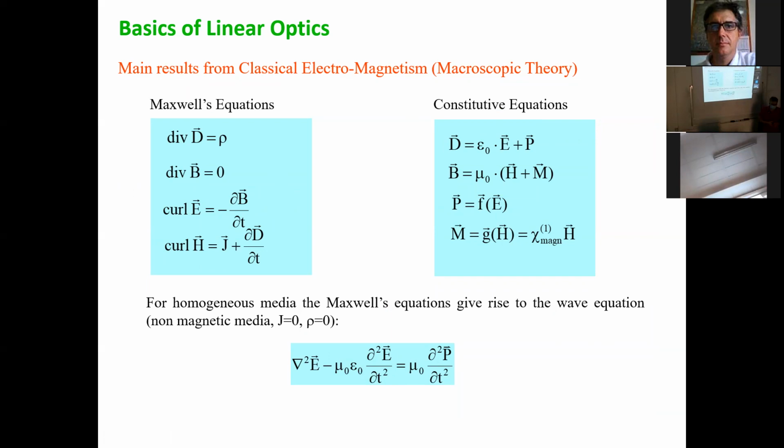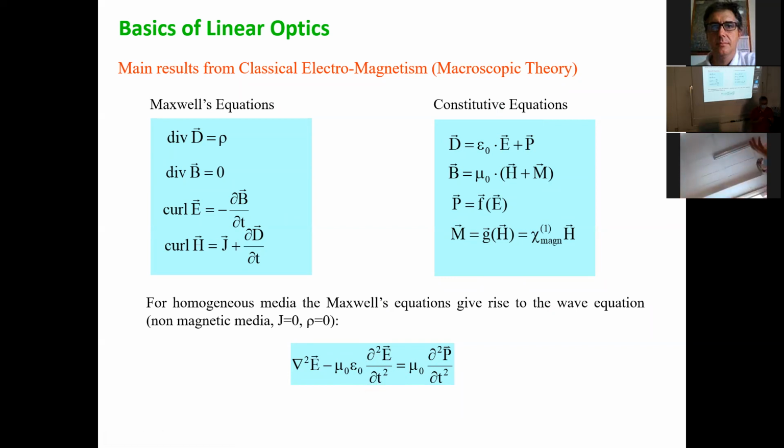It might be that you have difficulties in fully understanding this equation, but there's one thing that is clear to us after our courses of basic physics. When you see a differential equation like this, you have the derivative of the electric field with respect to space, the derivative of the electric field with respect to time.